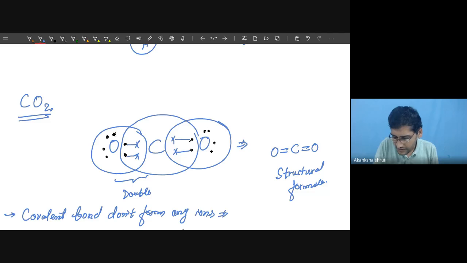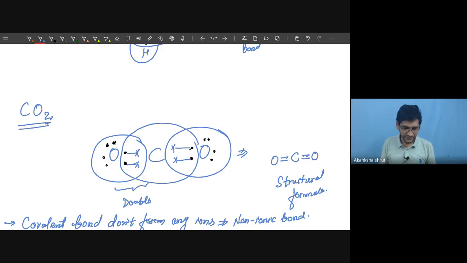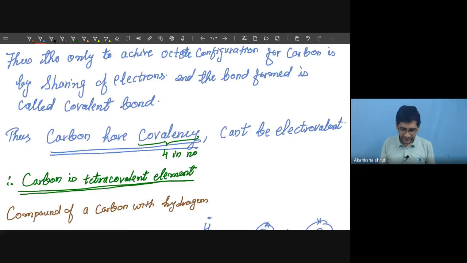So these are also called non-ionic bonds. This I had explained in the last chapter also. So this was all about it. Here we have concluded what a covalent bond is, why carbon is covalent, and why it cannot be electrovalent. All these things I have explained.